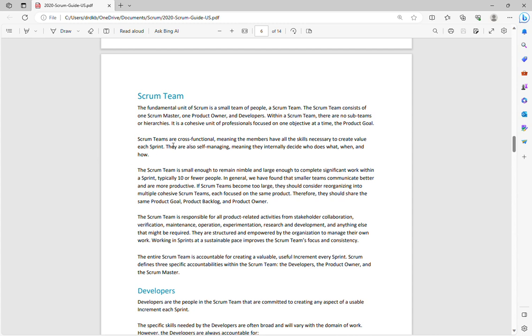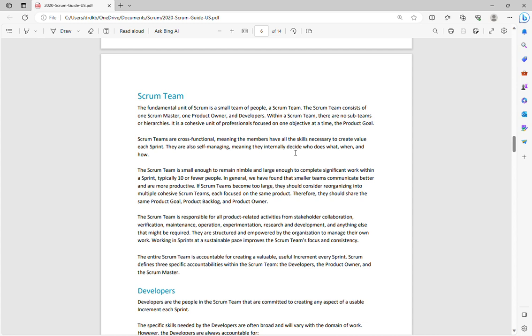Now Scrum teams are cross-functional, meaning that the members have all the skills necessary to create value each sprint. They are also self-managing, meaning they internally decide who does what, when and how. So a cross-functional team refers to a group of individuals with diverse skills and expertise which is necessary to complete the software project or the product development.